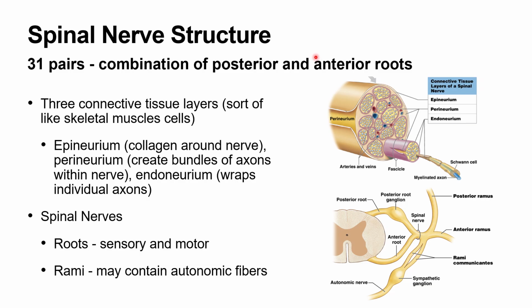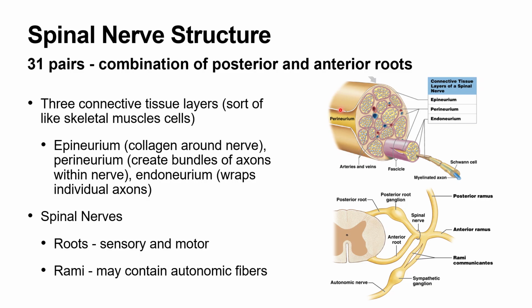Just like the different layers that we see in our skeletal muscles, where there is the muscle belly and then the fascicle and then the individual muscle fiber cells, we're going to see the nerves follow a similar kind of structure, because one of the things that we need to appreciate is that peripheral nerves and spinal nerves are not one individual axon traveling all the way down. Rather, it is a bundle of many, many different smaller axons.